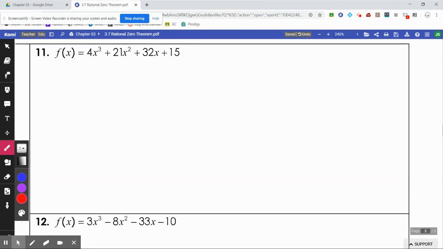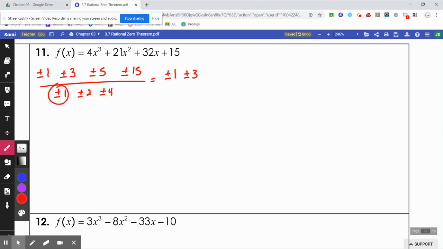We're looking for 3 on this one as well. All the factors of 15, which is 1, 3, 5, and 15, over all the factors of 4, which is 1, 2, and 4. Every combination: first off, everything over 1 will be 1, 3, 5, and 15. This one's going to have several.